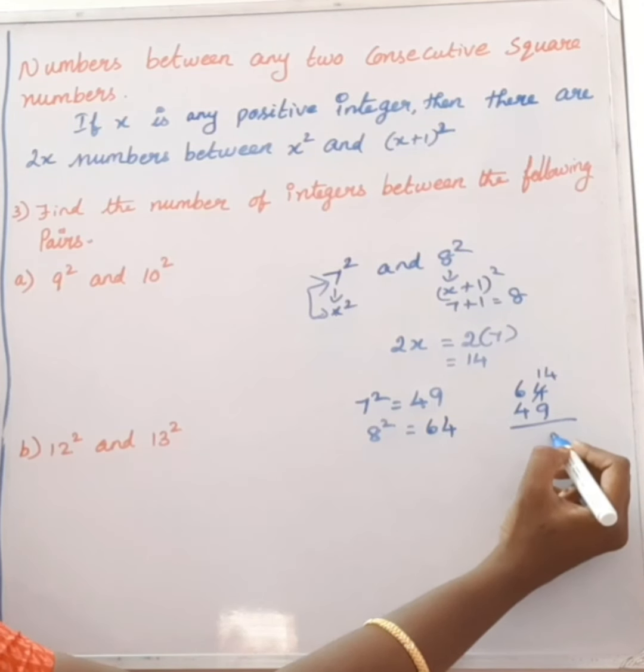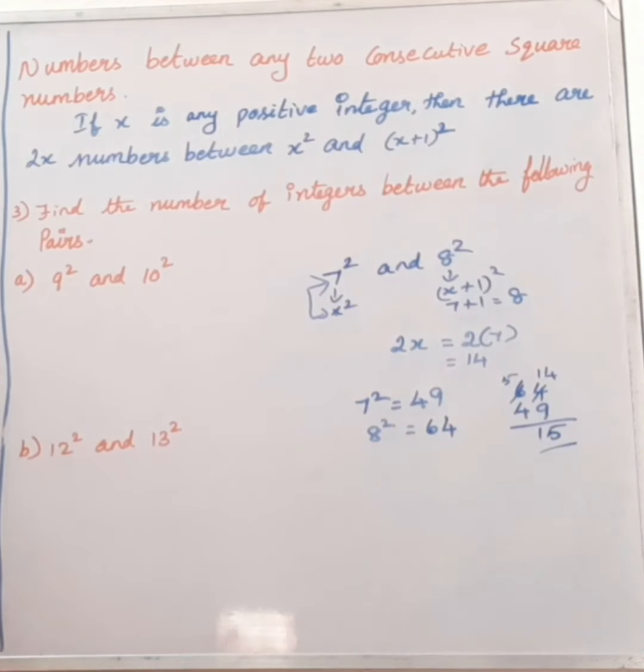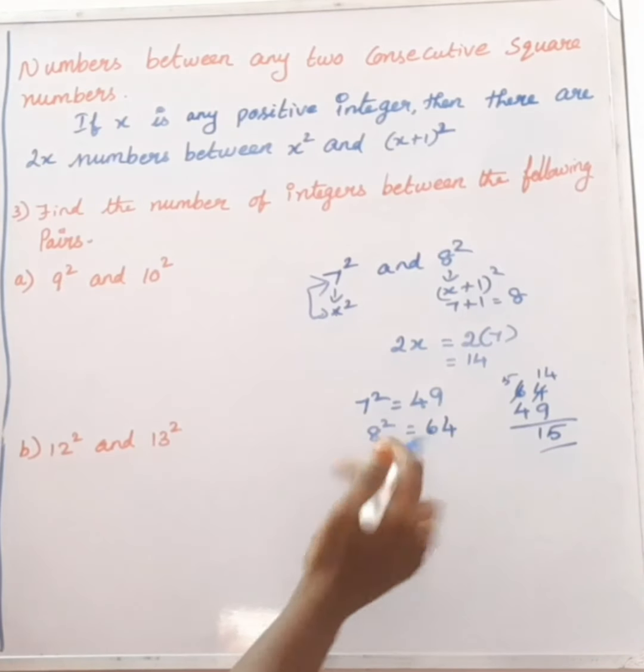If we subtract, we get 15, isn't it? But we want to count the numbers in between. So how many numbers are in between it?